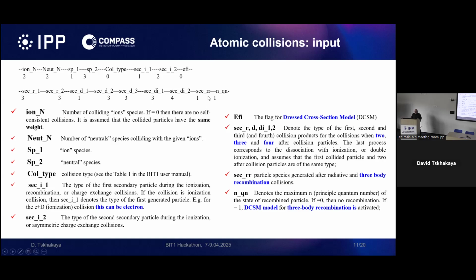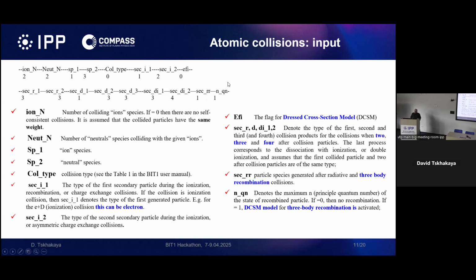Now, SEC and RR are, let's say, 3-body recombination parameters. This specifies which particle you have after a 3-body recombination.